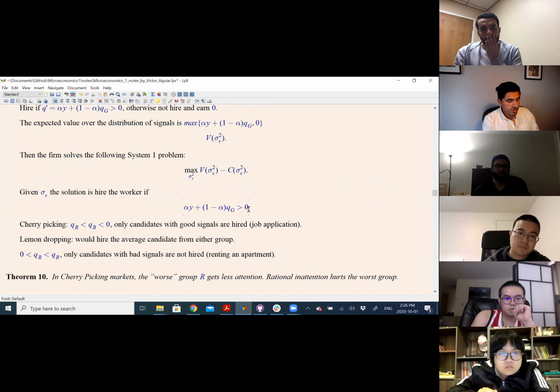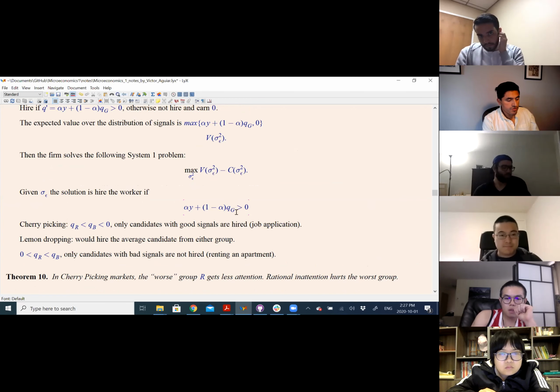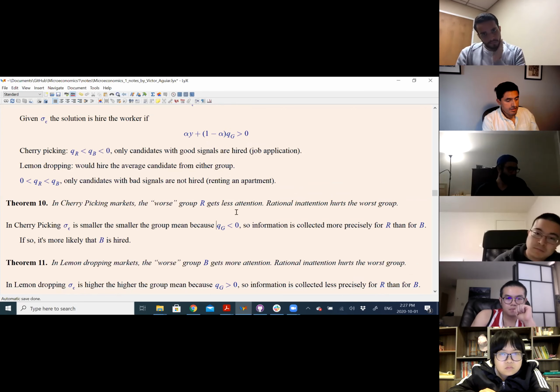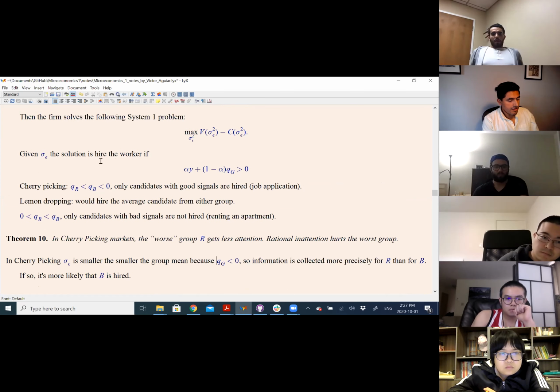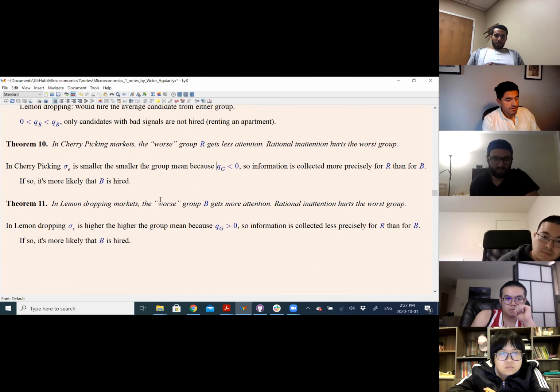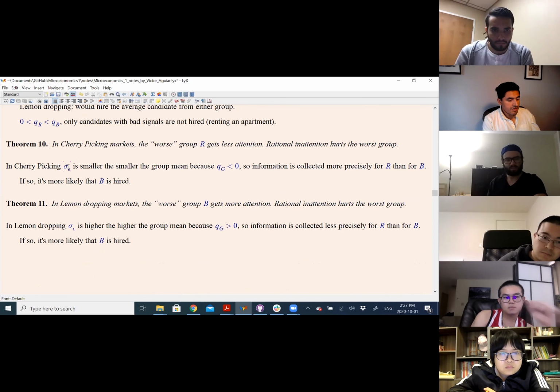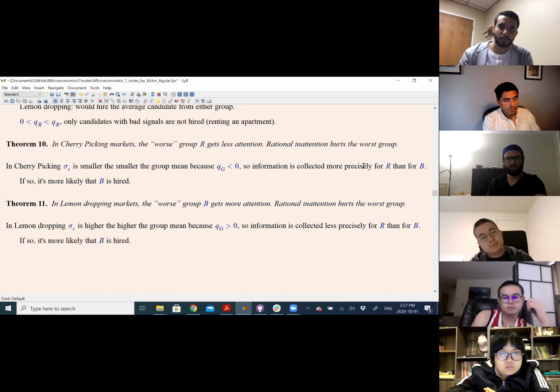So let's go back to this part. Here you have minus alpha QG, right? You can see that this has a minus here, and then the term here is dividing. So there is a positive effect. They have to go in the same direction, right? So if you want to maximize, information is collected more precisely for R than for B, okay?